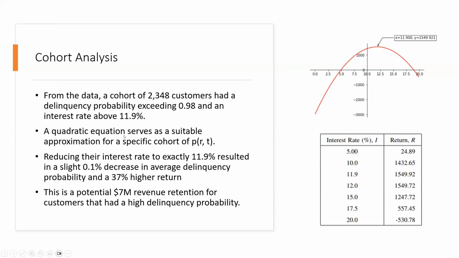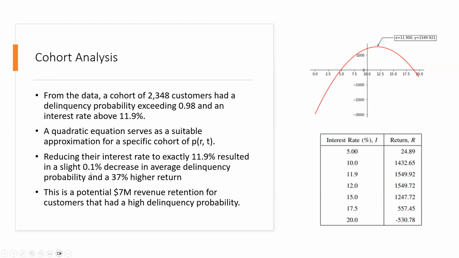Using the quadratic equation for the nonlinear regression, we predicted the return using the probability of the return and time. The adjustment we made was because their interest rate was above 11.9. 11.9 was the maximum return given the quadratic equation.